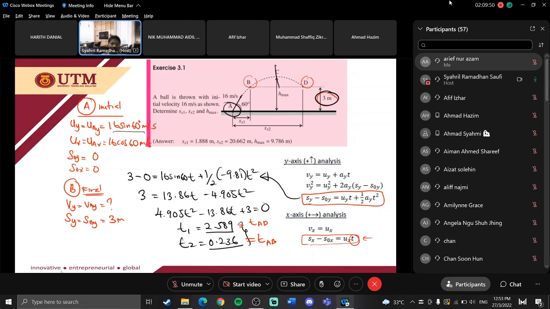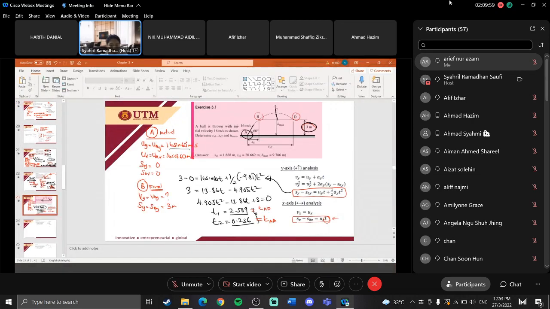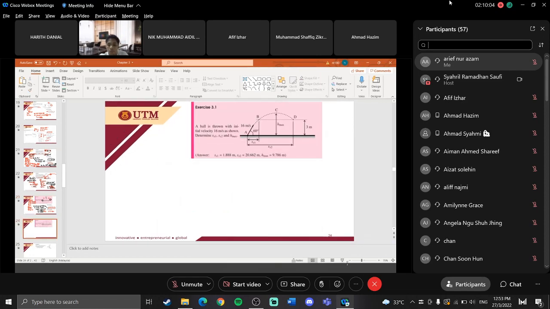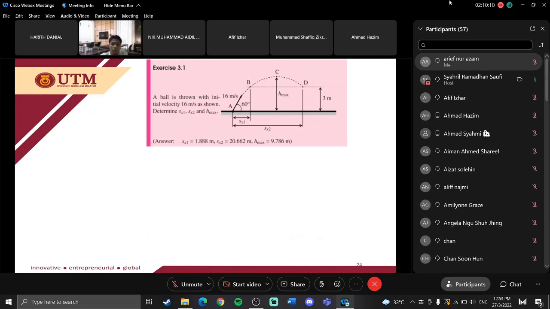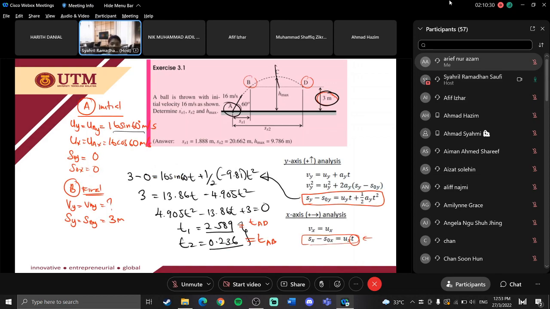Then you can determine Sx1 and Sx2. For Sx1, Sx1 minus S naught x is equal to Ux t. This one is for point B. So Sx1 is unknown, S naught x is 0, Ux is 16 cos 60, and the time here is 0.236.